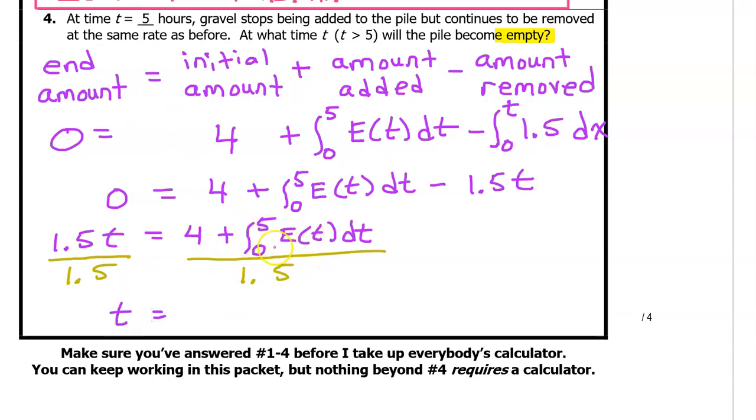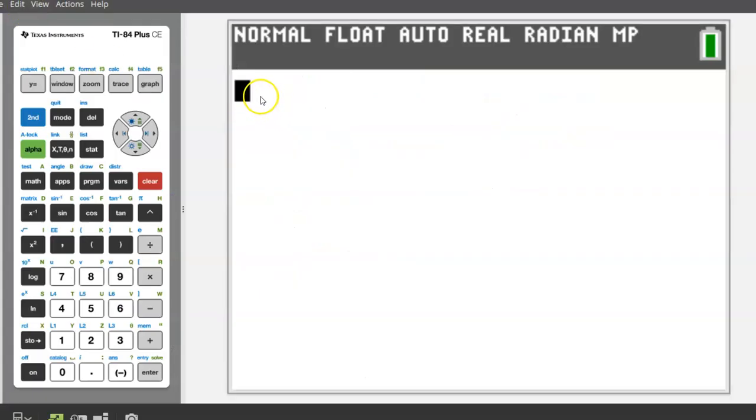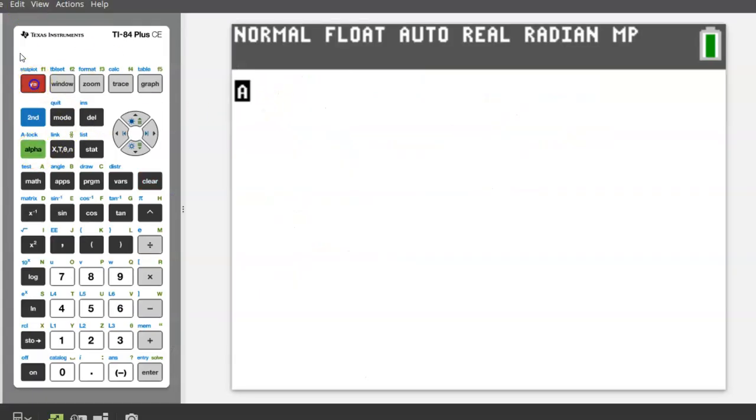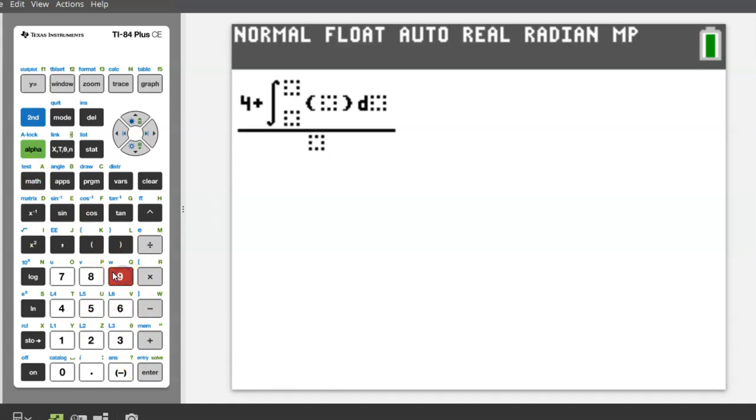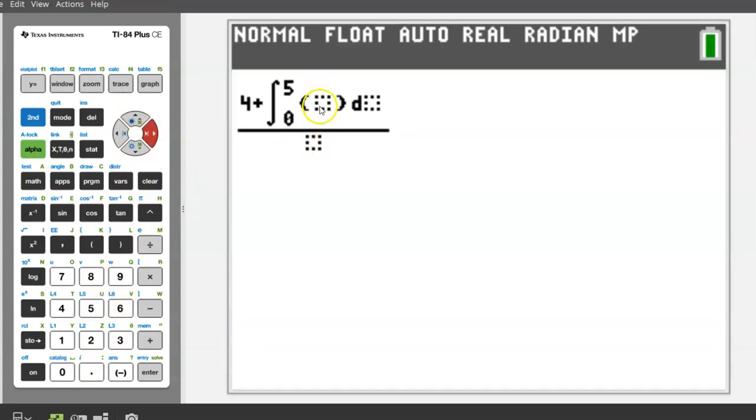So we can type all of this into the calculator. Let's start by creating a fraction. Alpha y equals enter. In the top, we have 4 plus. For the integral, we do math 9. We are integrating from 0 to 5, and we are integrating e of t, which we stored in y1.